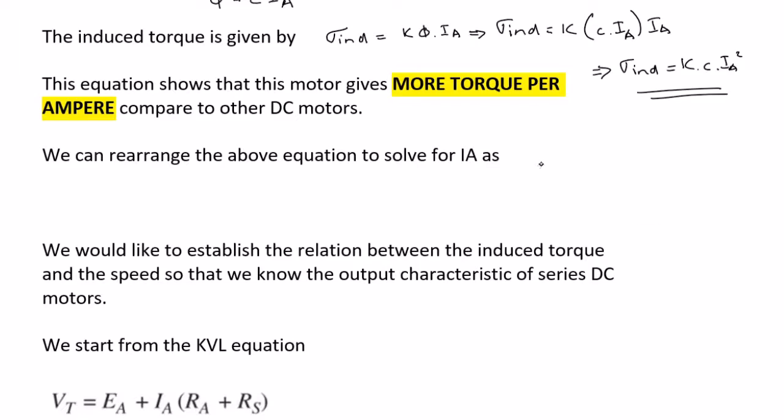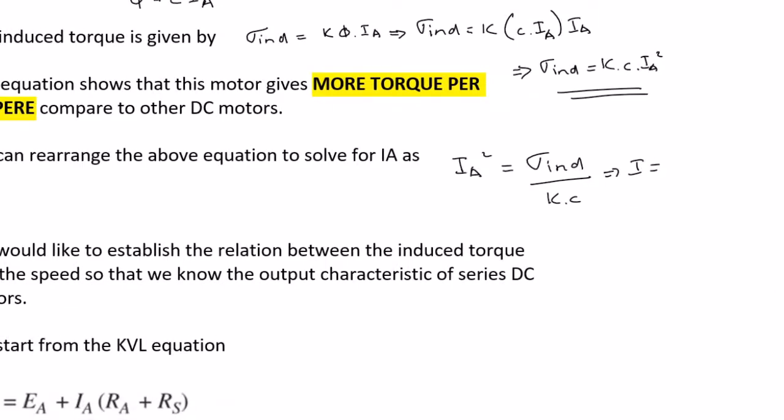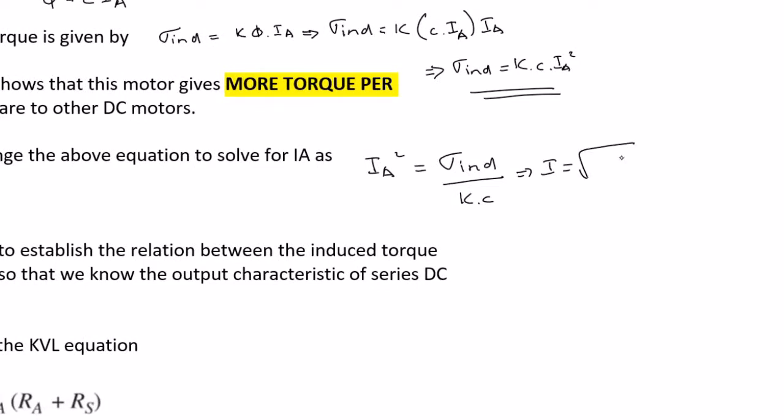So we can write that IA squared equals induced torque divided by K times C. And so IA, if I just rearrange slightly, is the square root of induced torque over K times C. So that's IA equals to.